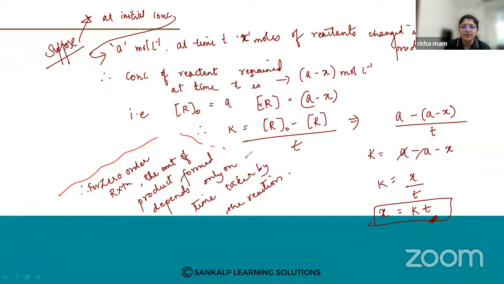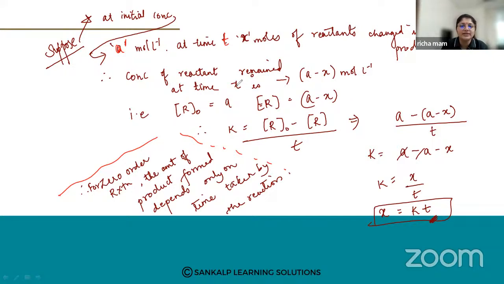Remember this. If we consider the concentration of a reactant at initial concentration A mole per liter, after some time T, X moles of reactants are changed into product. So how do we calculate the concentration of the reactant after time t?